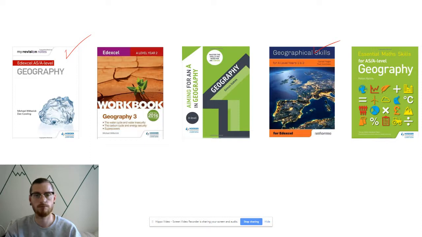Use that, practice it, so that you pick up those marks. The Aiming for an A book you should have as well. This is especially useful. They give you a lot of guidance and examples on the 12 and 20 markers. Math skills booklet here. Again, lower tariff marks, a lot of them are maths-based questions.